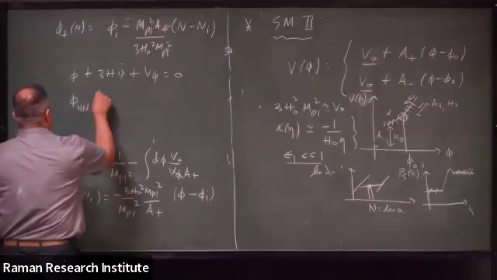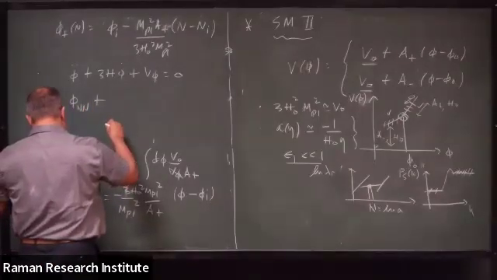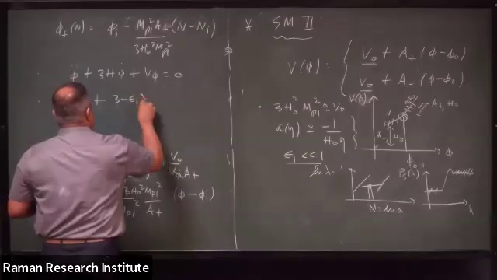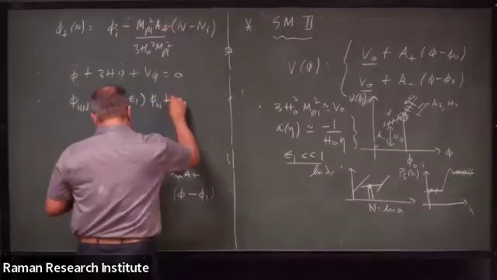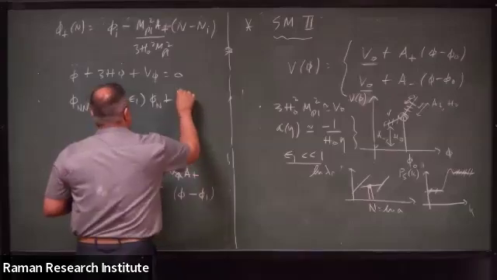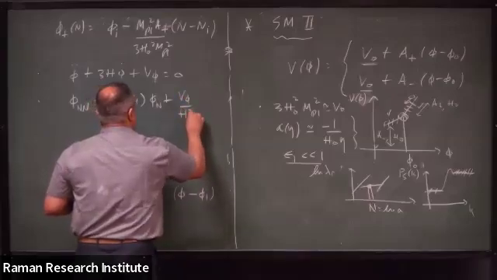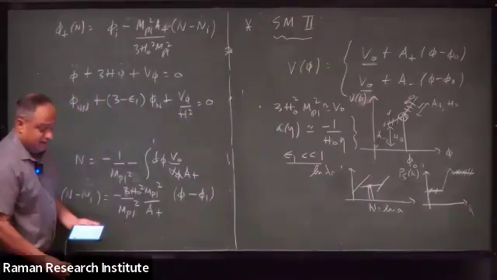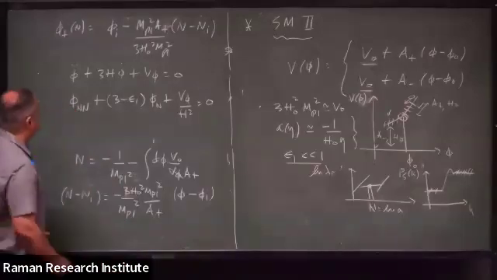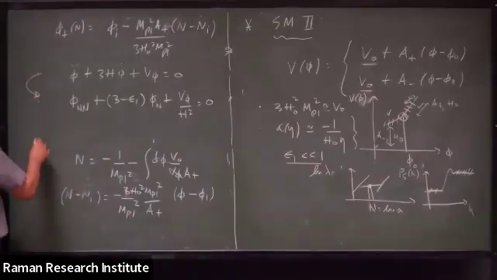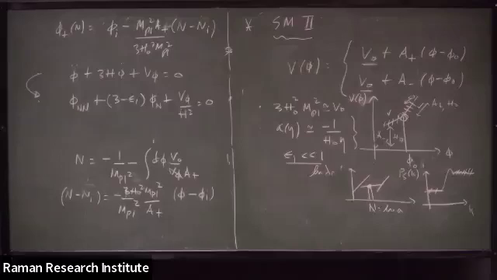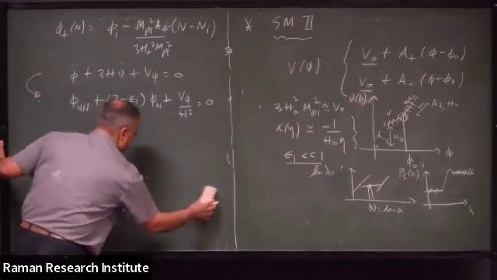Phi_nn plus (3 minus epsilon_1) phi_n plus V phi by H squared equal to 0. This is exact. All I have done is change my independent variable from cosmic time to number of e-folds.